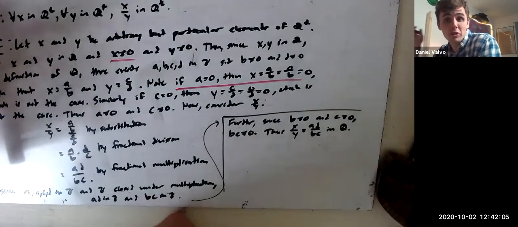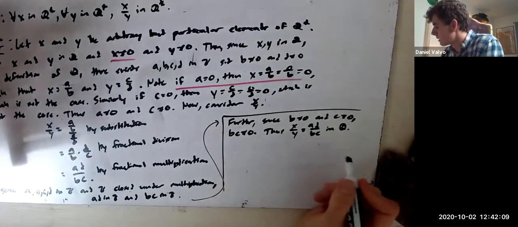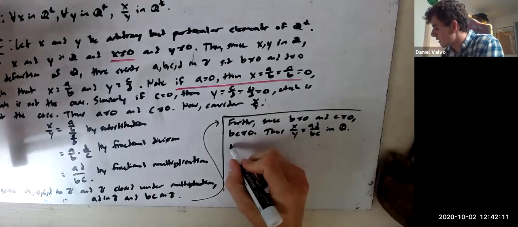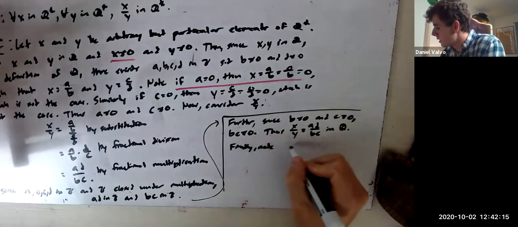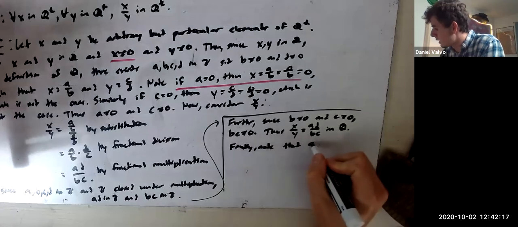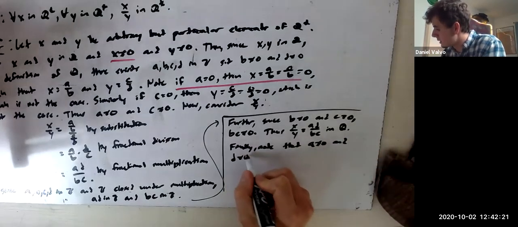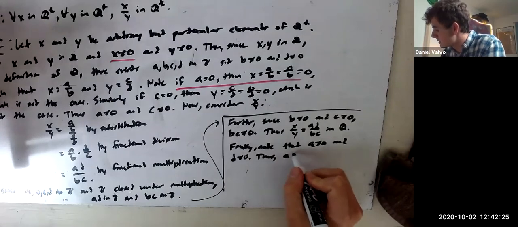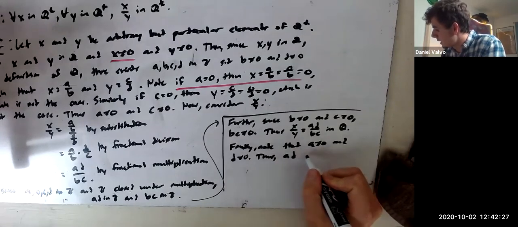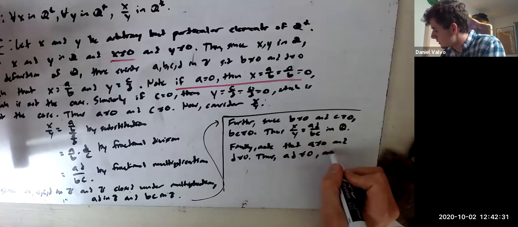So now to be in Q star we just need to show that it's non-zero. And being non-zero all depends on AD. So finally, note that A does not equal 0 and D does not equal 0. Thus, AD does not equal 0.